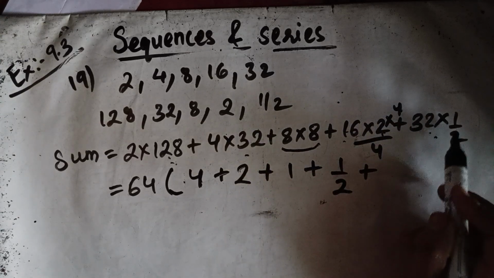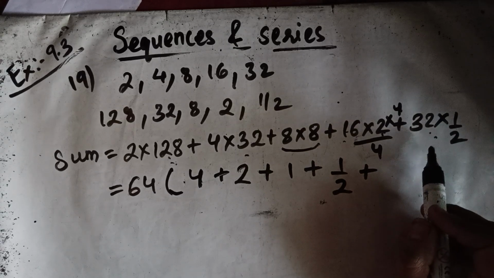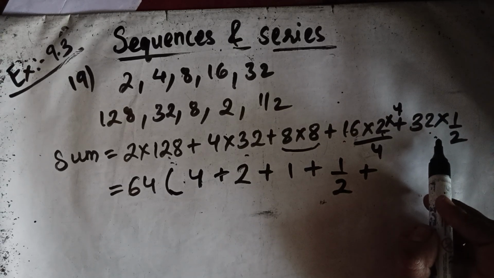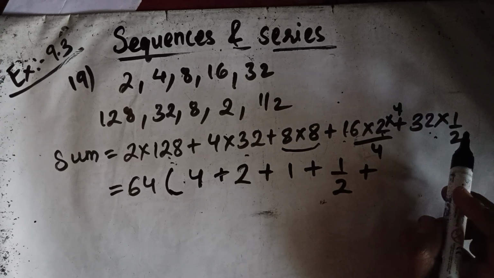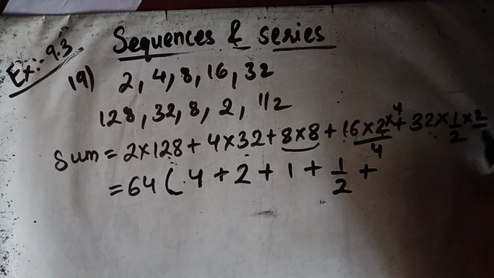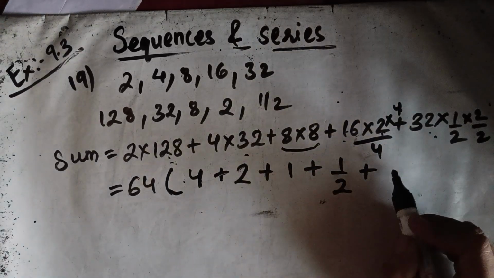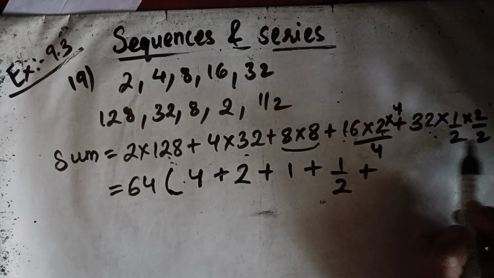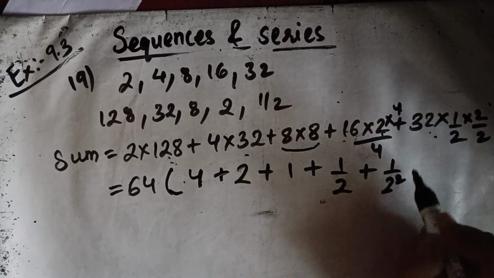And this is, again you have to make it 64. 32 into 2, so into 2 divided by 2. So 1 upon 4 remains. So 2 square.